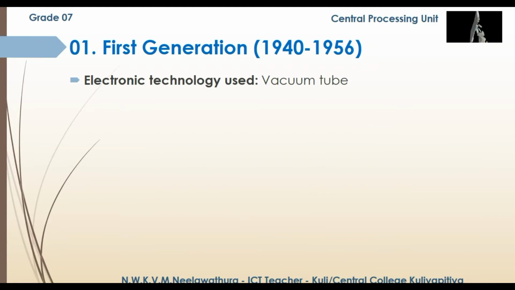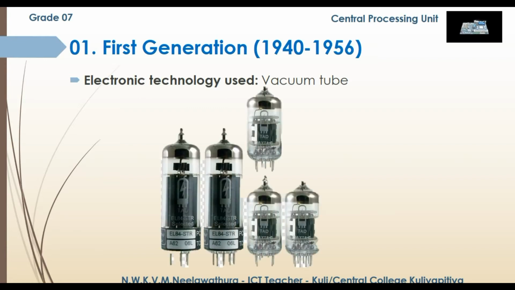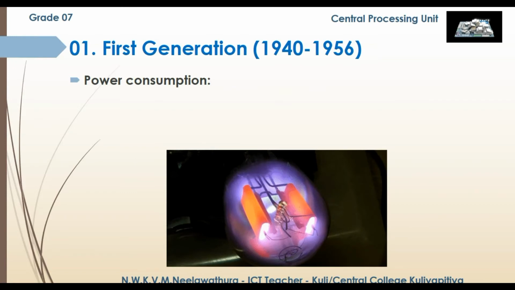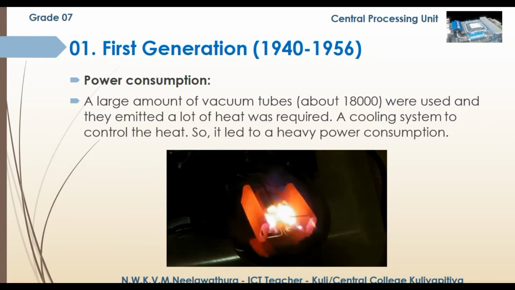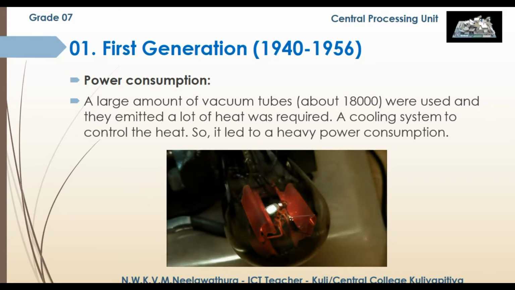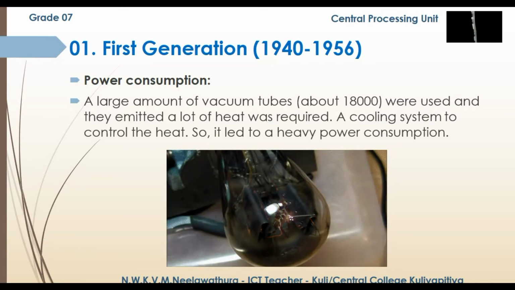First generation, 1940 to 1956. In this generation, the electronic technology used was the vacuum tube. Power consumption: a large number of vacuum tubes were used and they emitted a lot of heat, so a cooling system was required to control the heat.